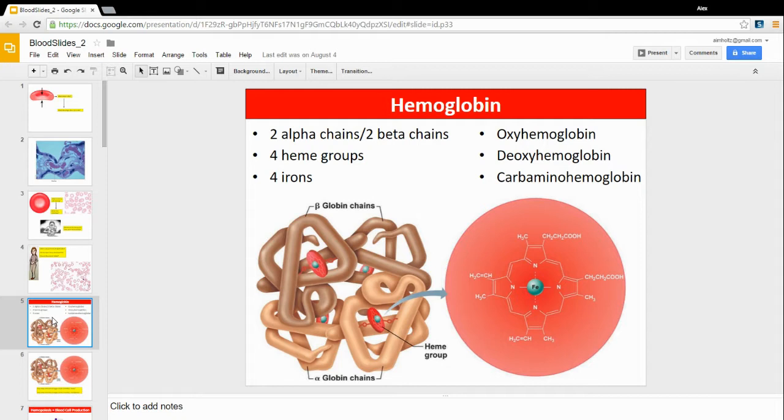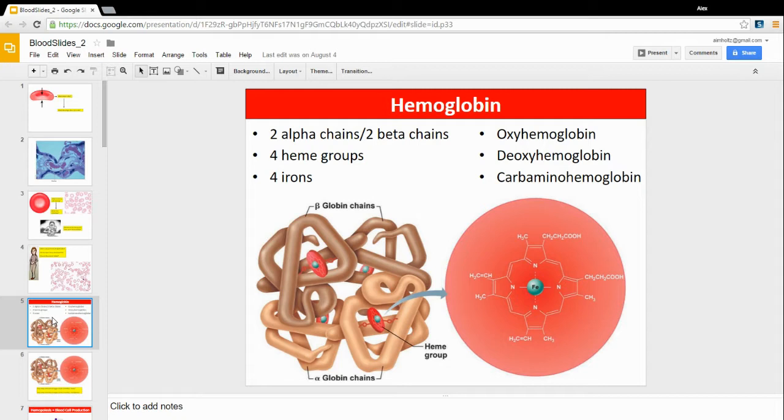And a heme group is the chemical, expanded in the right-hand side there. And we see at the center of the heme group is an iron. So one heme group contains a single atom of iron. And iron is actually what weakly binds to oxygen. Okay?